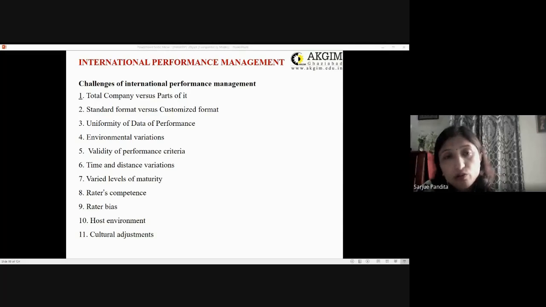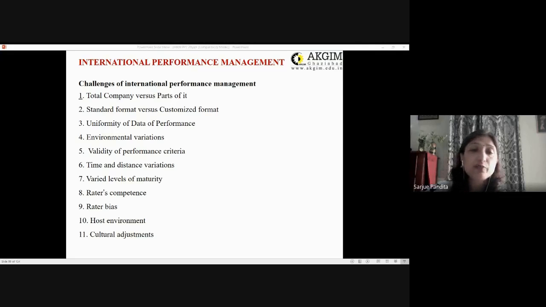So all those environmental variations, be it global culture or globalization, will vary from country to country. Then the type of IT development and the type of overall strategy of that particular country will affect your performance. So it has to be taken into account when you go for developing a performance management system.